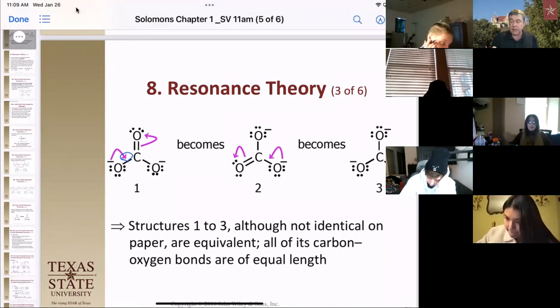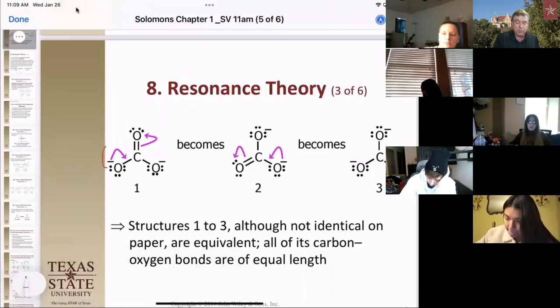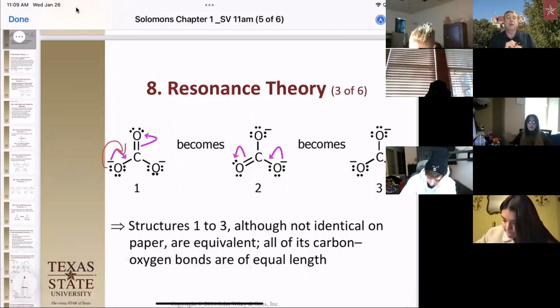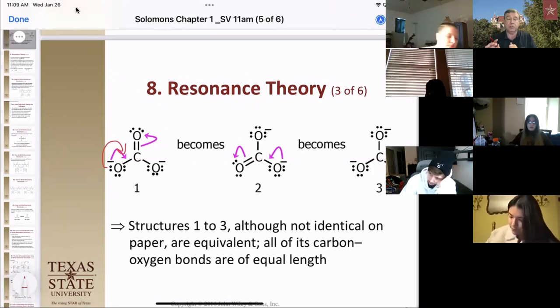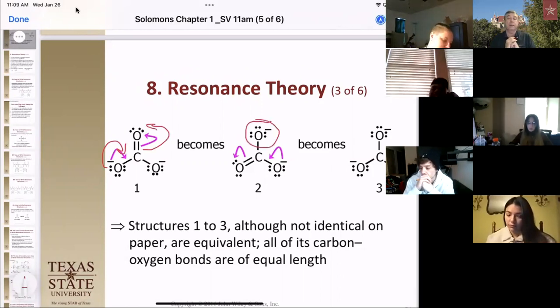So we have to look at these 2 electrons in this lone pair moving in to create a double bond. Now, that other double bond has to move somewhere else because we can't have 5 bonds to oxygen. So these electrons that were in the double bond kick up and become a lone pair.